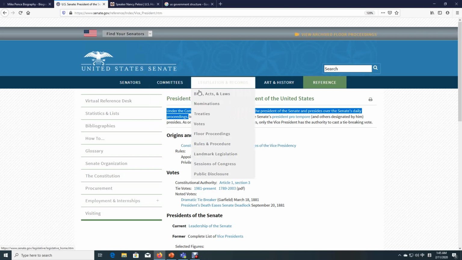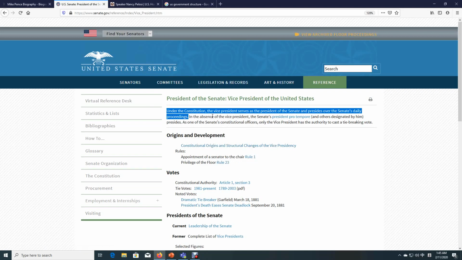So, under the Constitution of the United States of America, the Vice President of the United States serves as the President of the Senate and presides over the Senate's meetings. So, remember that there's a Senate in the United States, which was named after the Senate in the ancient Roman Republic.